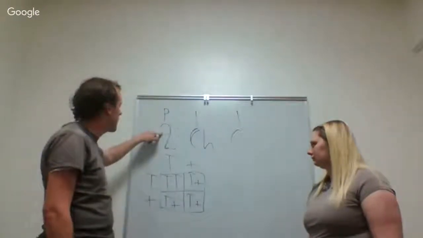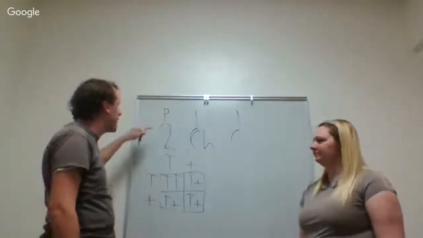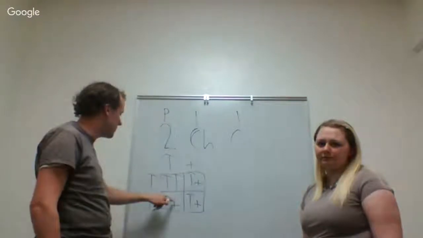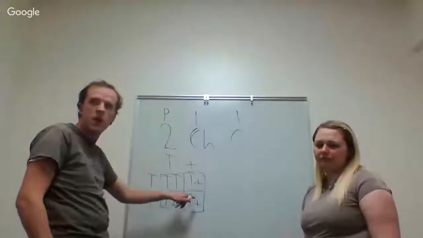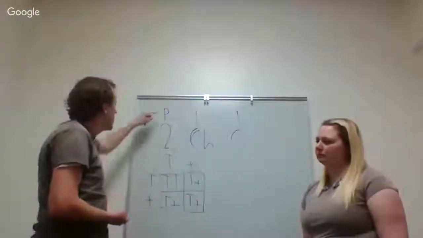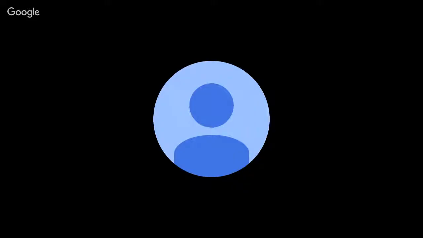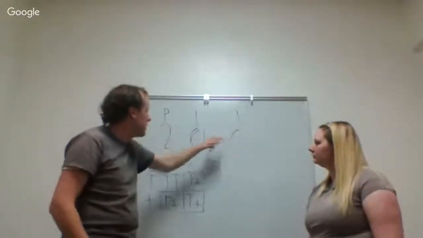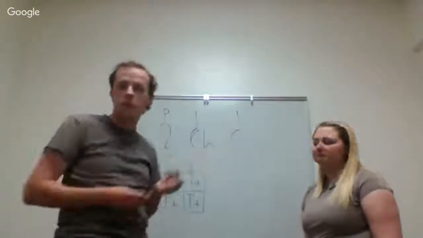Except in this case, instead of getting 3 of the same phenotype and 1 of the other phenotype, you get a genotype that's a cross between the chestnut and the cremello. So that's what I think is going on, and we agree on that, yeah.